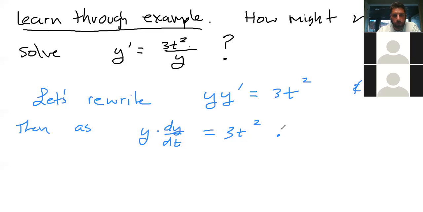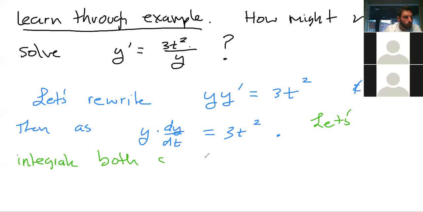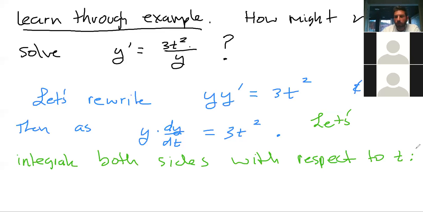So how do I make it disappear? To make it disappear, I say, let's integrate with respect to t.